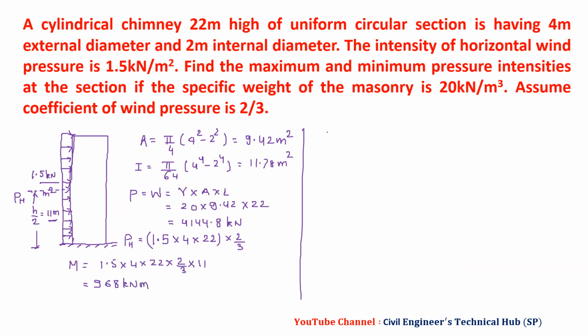And then we have to find sigma D, which is equal to P by A. That is W by A. W is 4144.8 and area we have 9.42. And we have this value 440 kilonewton per meter square.